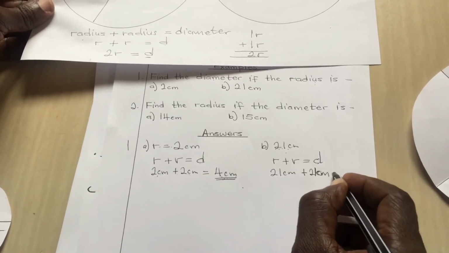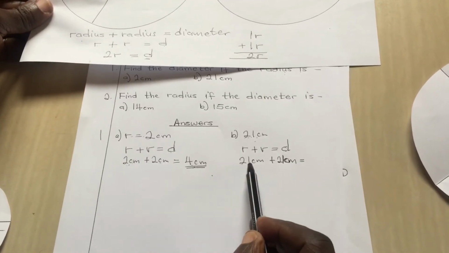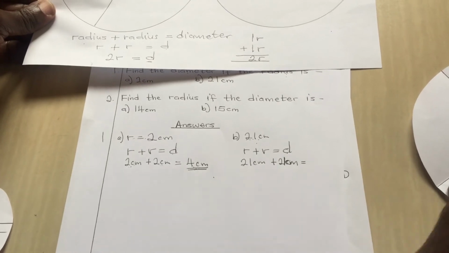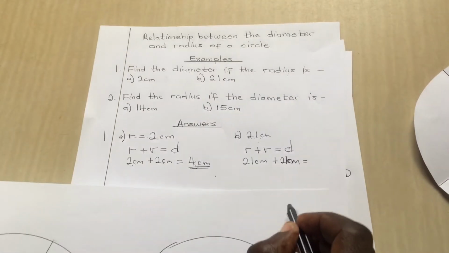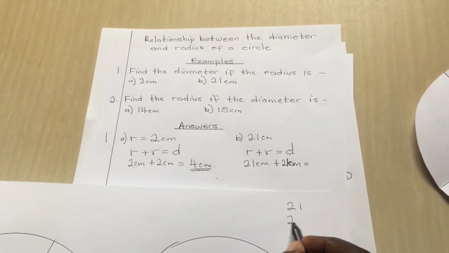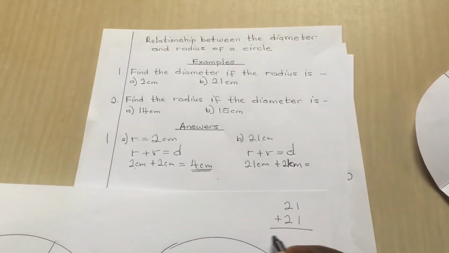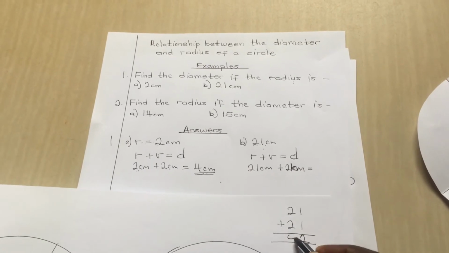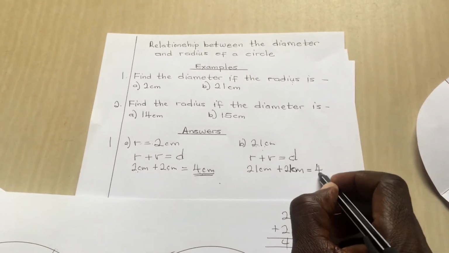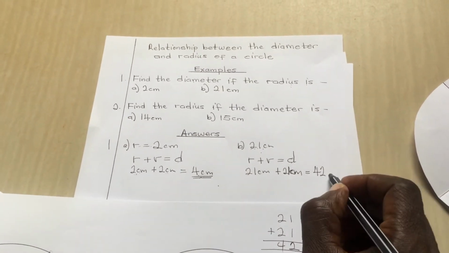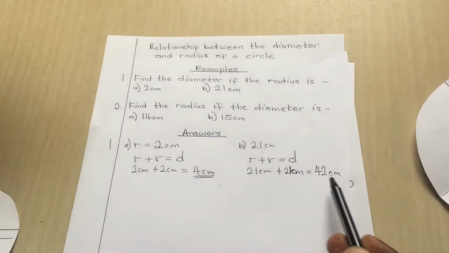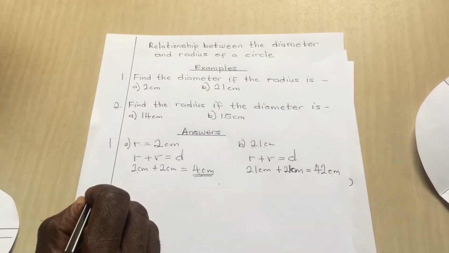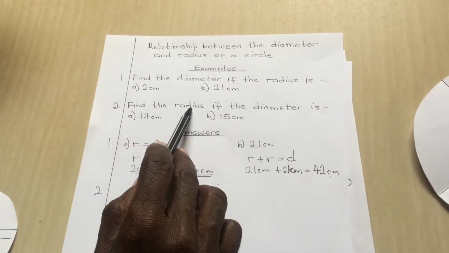So 21 plus 21. Very simple. Start with ones there. 1 plus 1, 2, 2 plus 2, 4. 42 centimeters diameter.